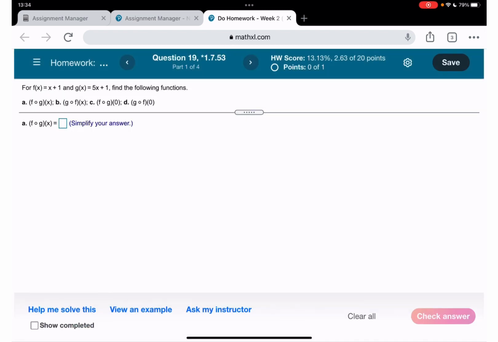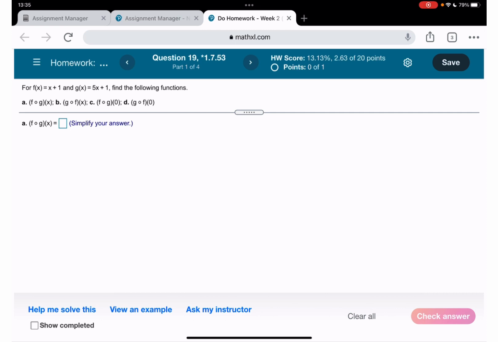Moving to question number 19. Okay, it's going to be the same way, guys. F composition with G of x, F composition with G of 0, and so on. So what do we have? I'm going to fly over, not stop with a long explanation since we already did that.